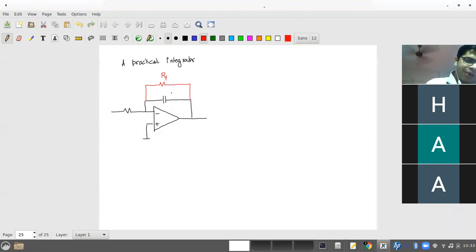I'll call that RP. This is R. Now, can you work out what is the transfer function for this? Then we'll understand how this behaves. Again, you assume negative feedback and work it out, and then you check whether you actually have negative feedback or not. Otherwise, you can't work it out.